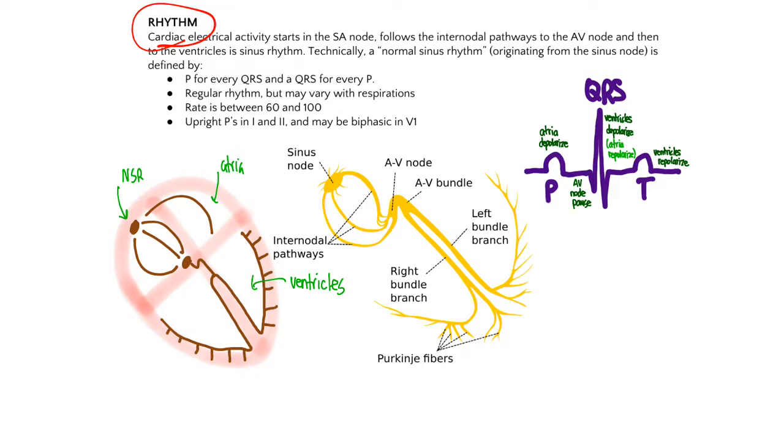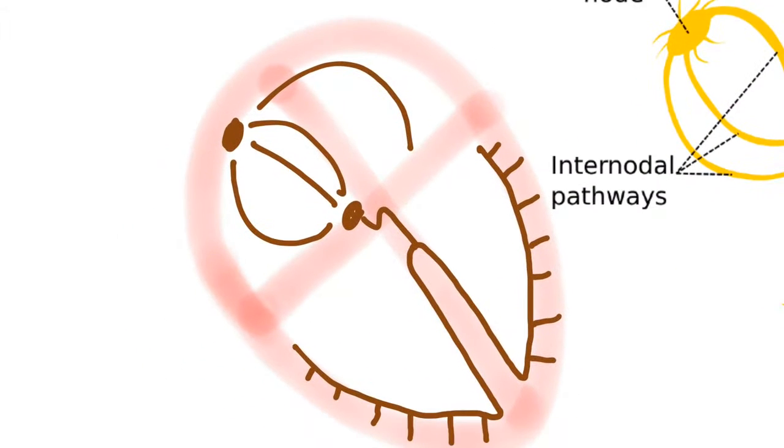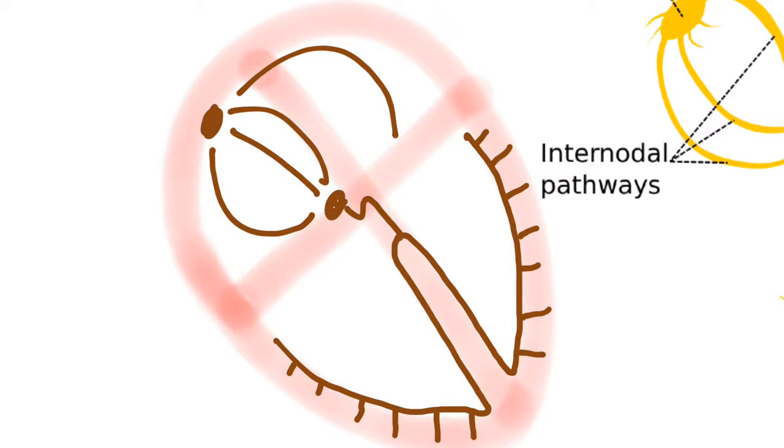Right? And so the first one that we're going to look at is one that starts in the atrium. So instead of starting at the SA node, what if it started somewhere else? Like, what if it started here and here and here and multiple different places? What's going to happen?